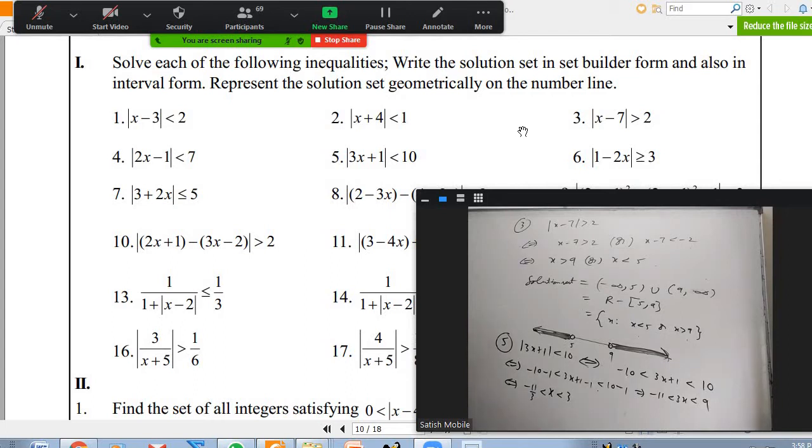That's it. Solution set: open interval minus 11 by 3 to 3.